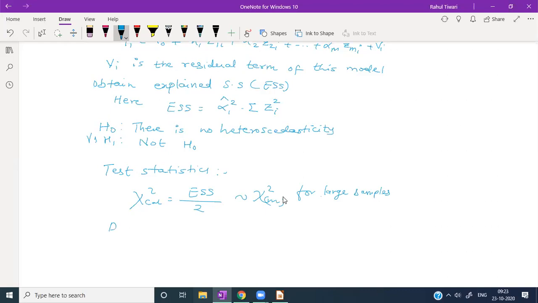And what could be the decision criterion?